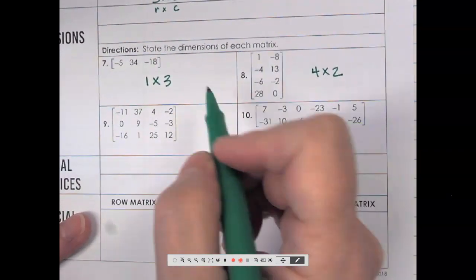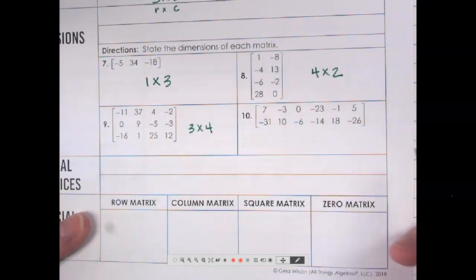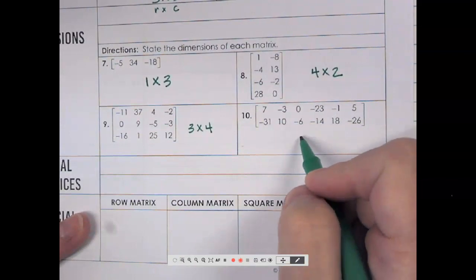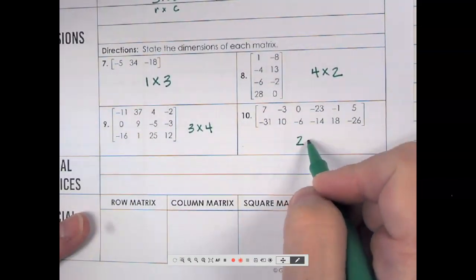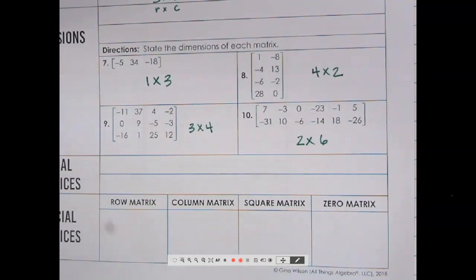Okay, the next one, 3 by 4. And the last one, 2 by 6. Oh, I thought someone had a question. I told y'all it was like the easiest lesson of the year.